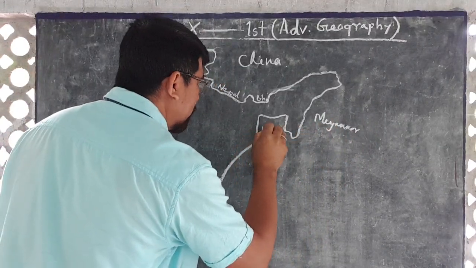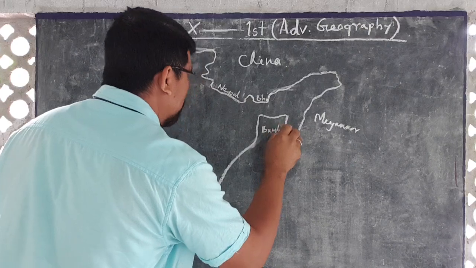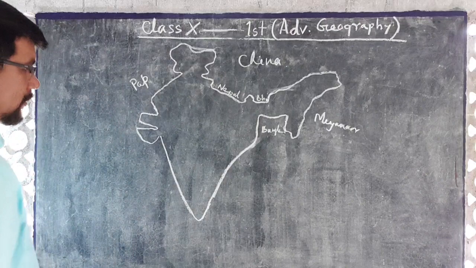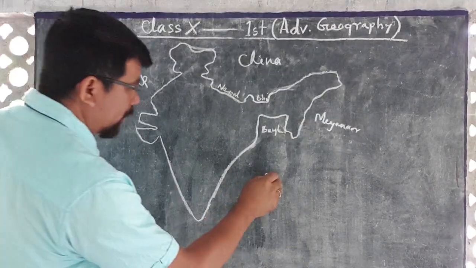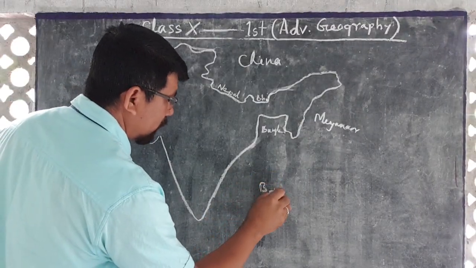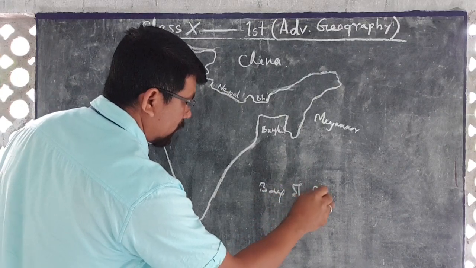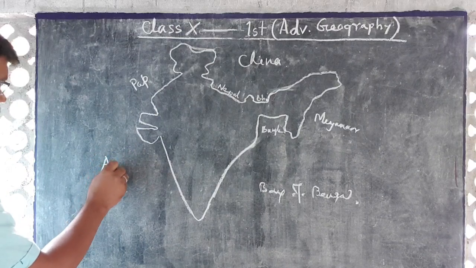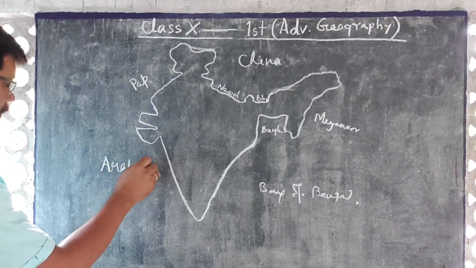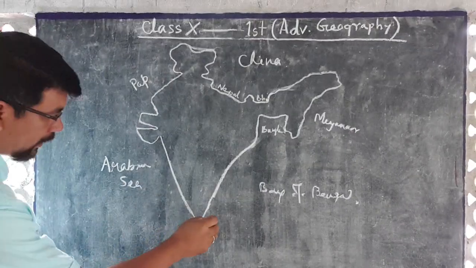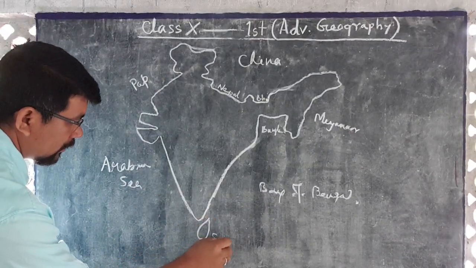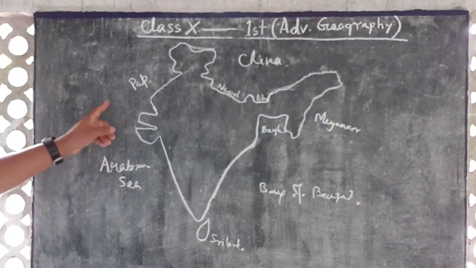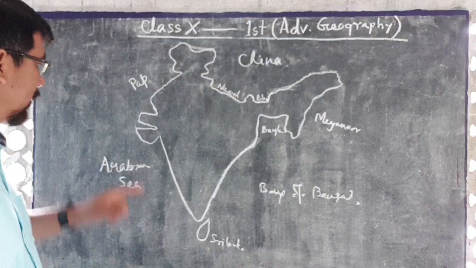Here is Bangladesh. And on this side Pakistan. It is the Bay of Bengal, and it is the Arabian Sea. And here is Sri Lanka. It is the boundary of India.